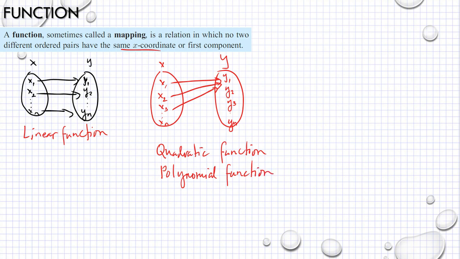In a linear function, you have only one root. Here you have 2 roots. Here we have 3 or more roots. And then we have the exponential function. We have also the logarithmic function.